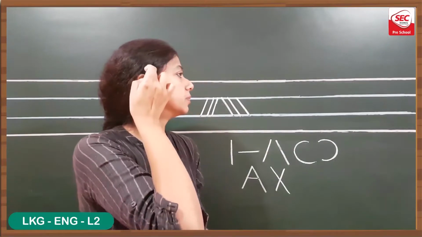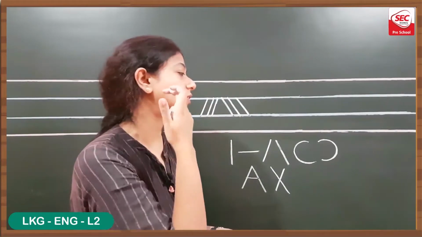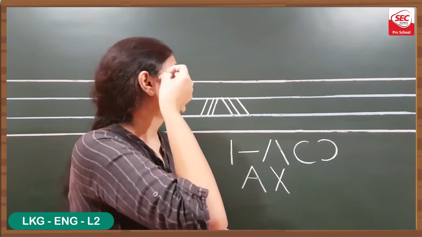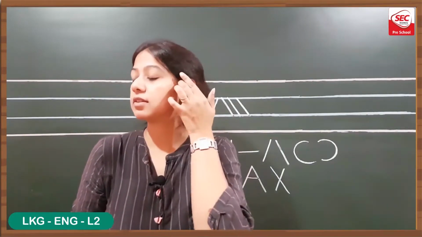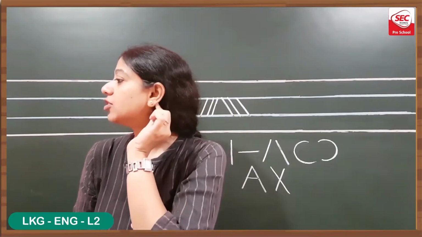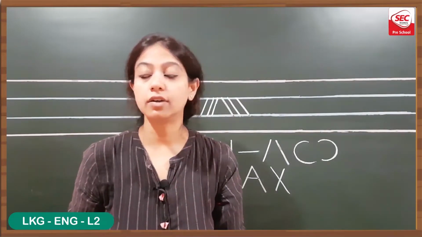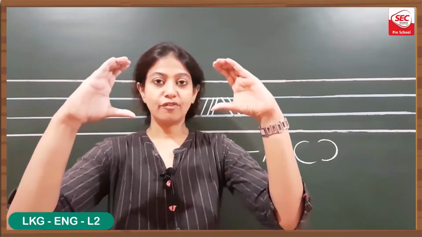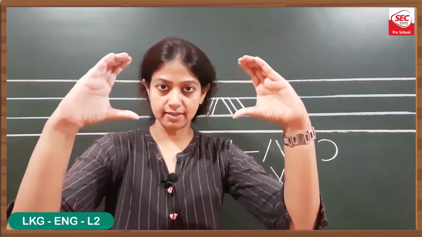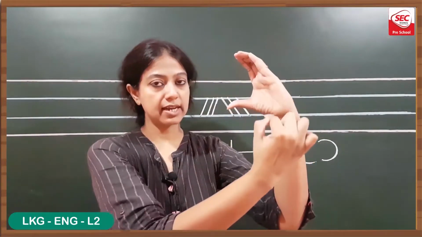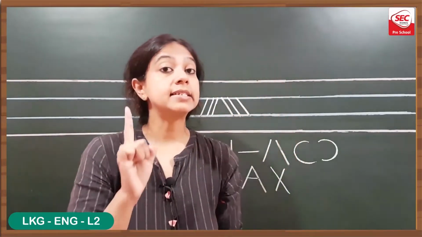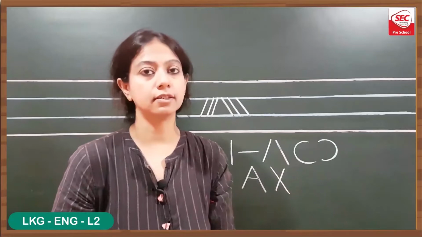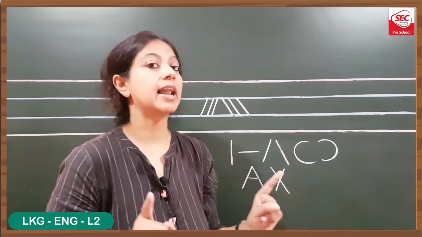Look at my ear. The shape of my ear is like a curve. If you fold your hands like this, ठीक है, it looks like a curve. See? Yes. Letter C looks like this curve.